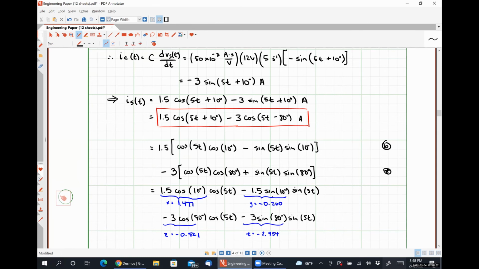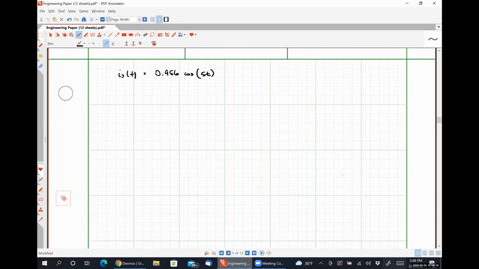So negative 1.5 sine 10 degrees gives me the negative 0.260, etc. And so I'm going to also have negative 3.215 sine 5t. I'm going to put a different color box around this guy because we're going to revisit it in a few minutes. But unfortunately, we are not done.